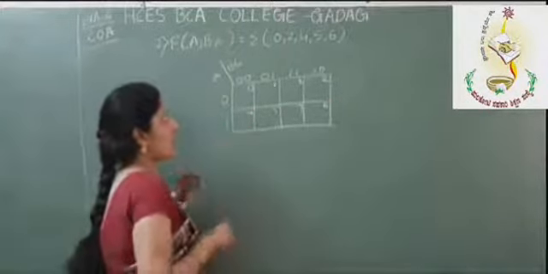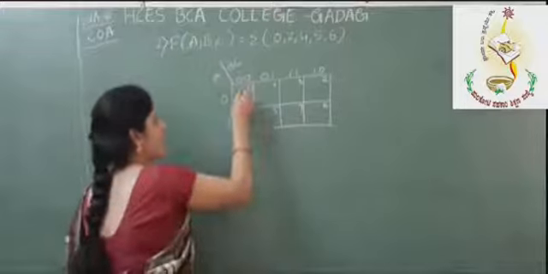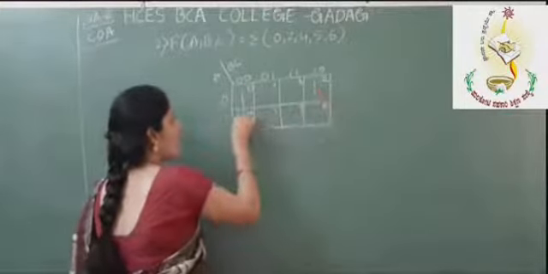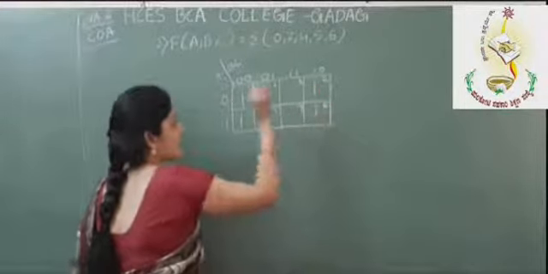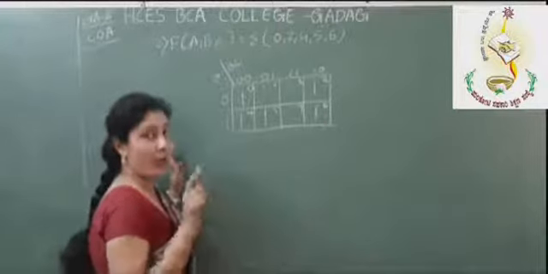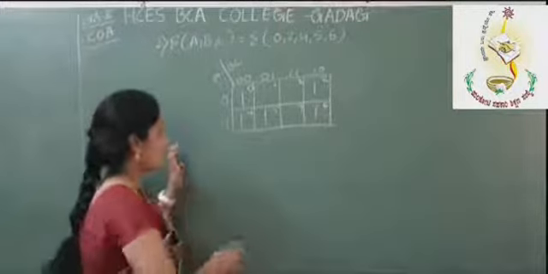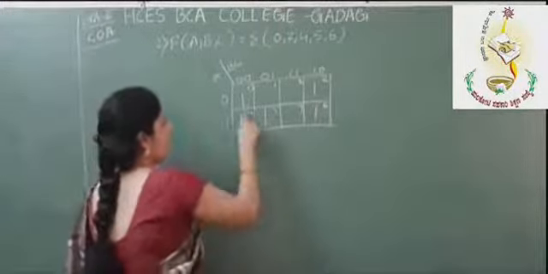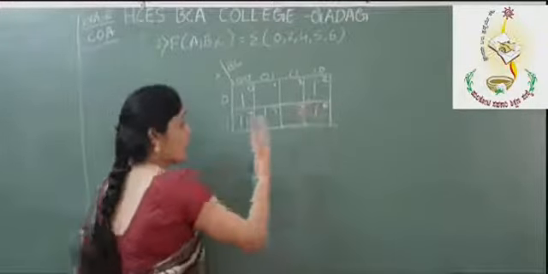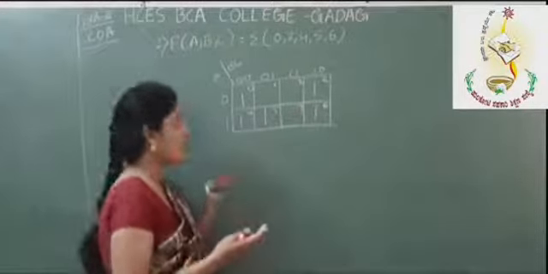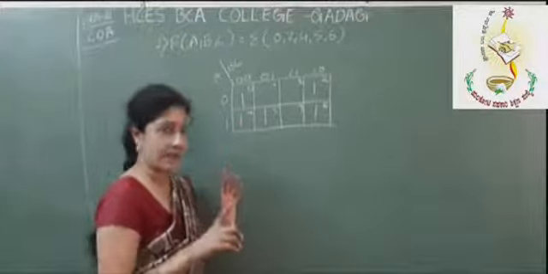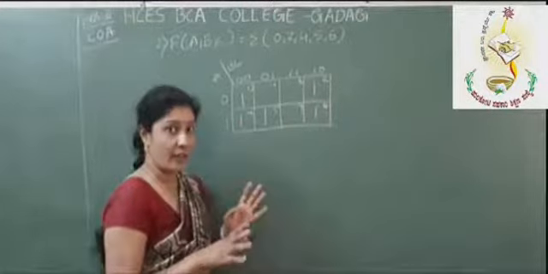Now the numbers are 0, 2, 4, 5, 6. This time, see here: these two and these two. These two can be paired, right? These two can be paired, right?